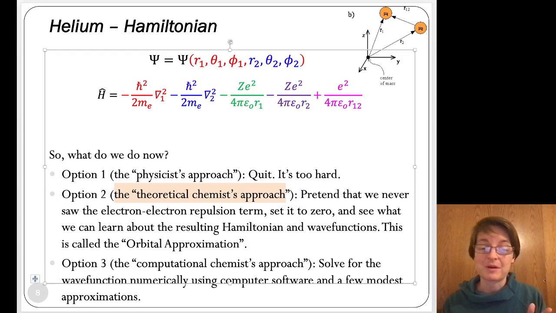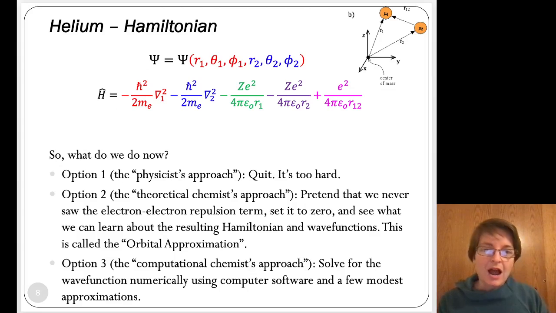The electron repulsion term we're going to set to 0, and we're going to see if there's still something to be learned about what the shape of these wave functions look like, how our hydrogen-like atomic orbitals might give us an approach to multi-electron atoms, and it turns out there's actually a lot of rich information to be gained here. So we're going to spend a lot of time on option 2 today.